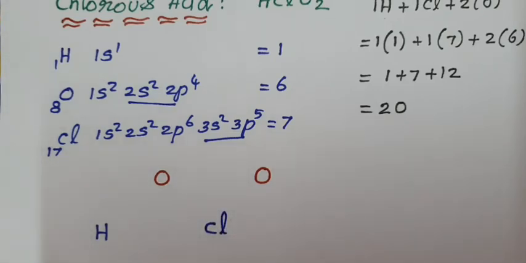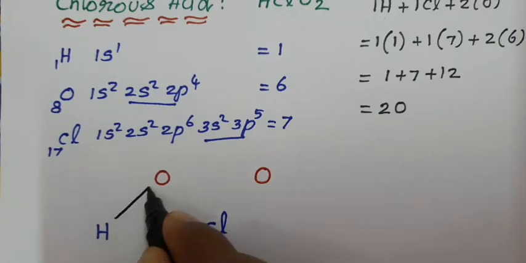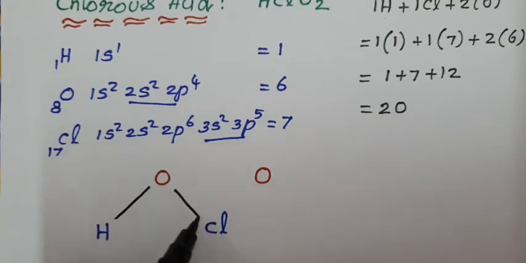According to the Lewis structure, first join all the atoms with a single bond. Here one bond, 1, 2, 3.